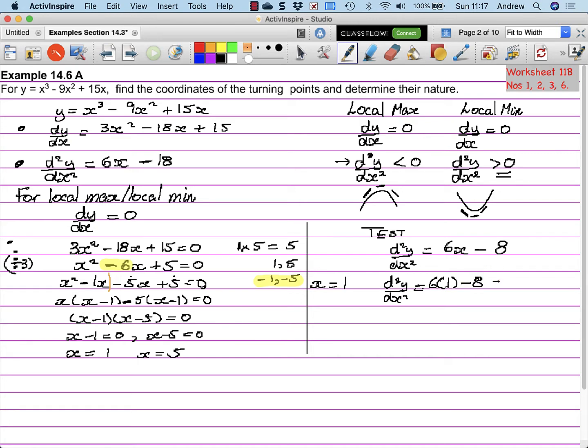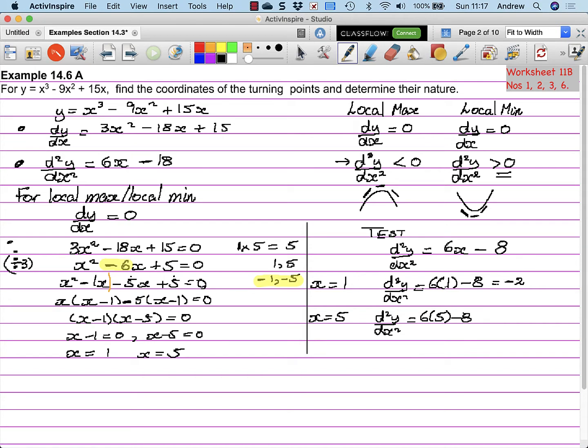And when we work that out, we get minus 2. And then here we're going to test it on x equals 5. So once again, we copy down the empty brackets. d2y by dx squared is equal to 6 on, well, x is now equal to 5 minus 8.